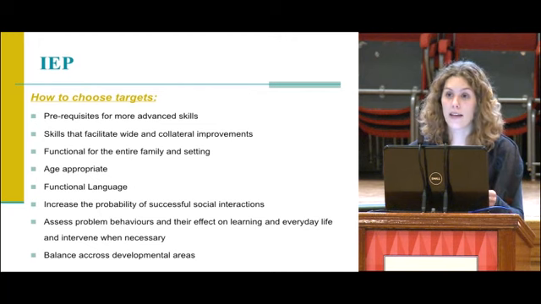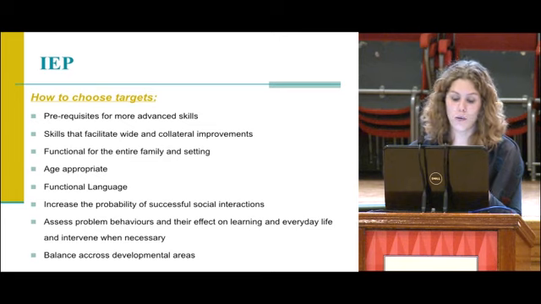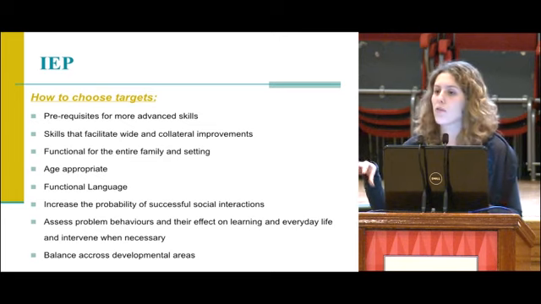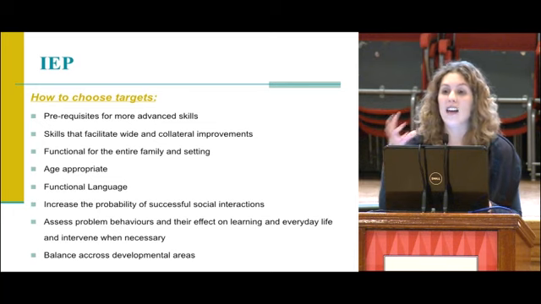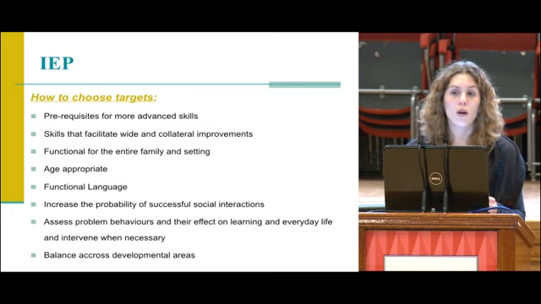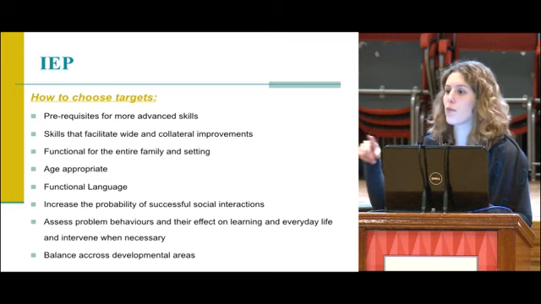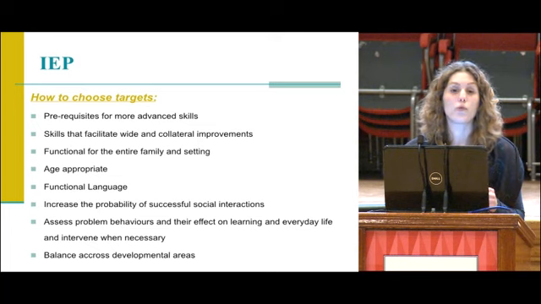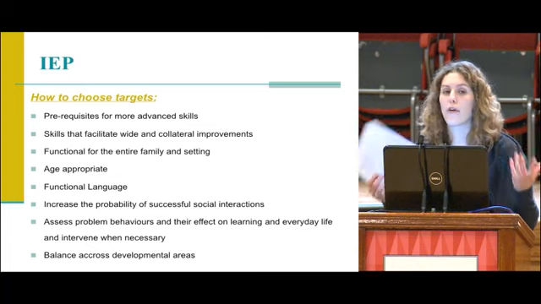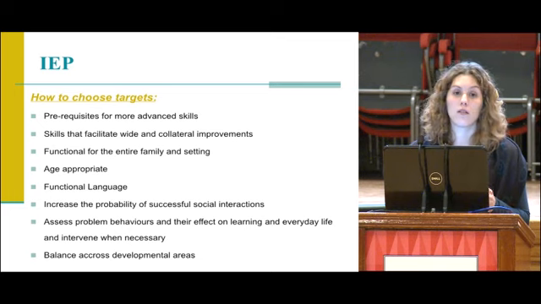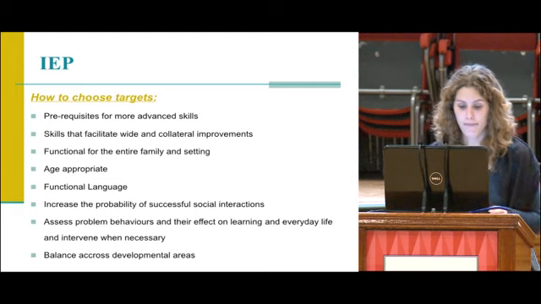Teaching a child to read, as Carl told us, will give the child access not only to being able to decode some symbols that we call letters and say a sound for them. It will also allow the child to read signs, to go to the supermarket and be able to understand what the products say. The child will later on be able to read fairy tales or read a story and enjoy it, and many more things. So teaching a child to read would produce collateral improvements.